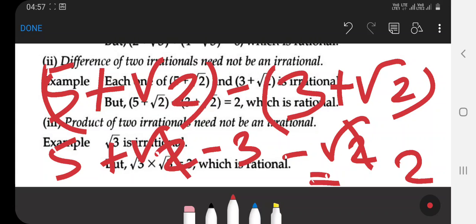In this case, the difference of two irrational numbers is rational.